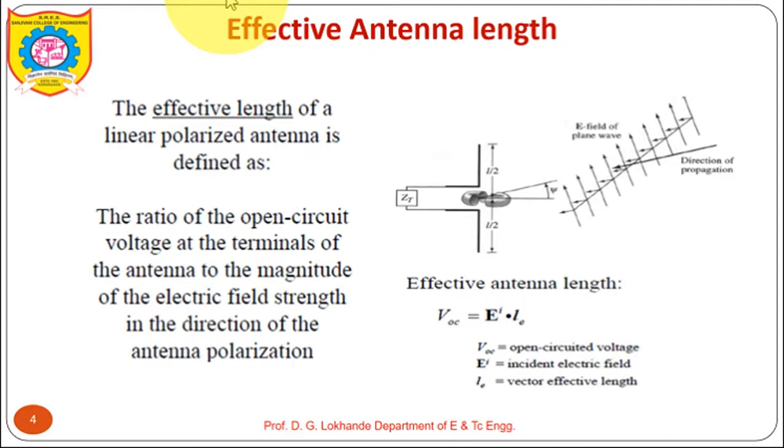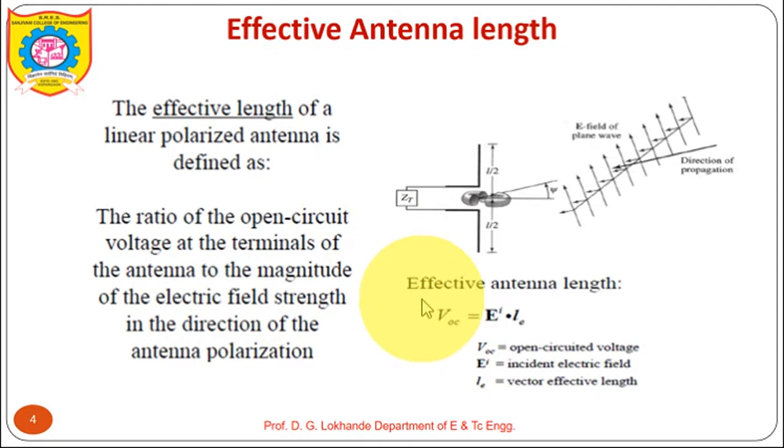The vector effective length LE for an antenna is usually a complex term. It is defined as the ratio of the open circuit voltage at the terminal of the antenna to the magnitude of electric field strength in the direction of the antenna polarization.